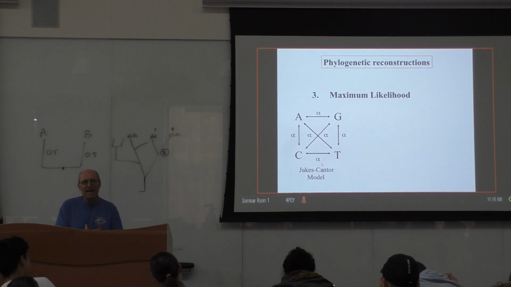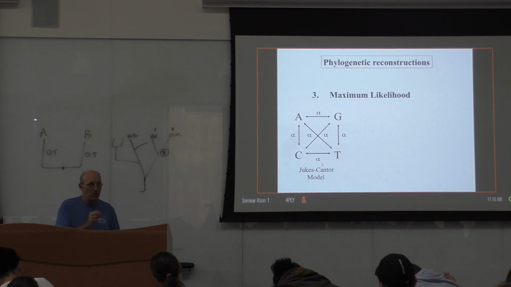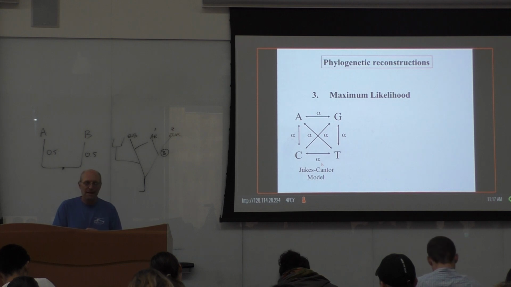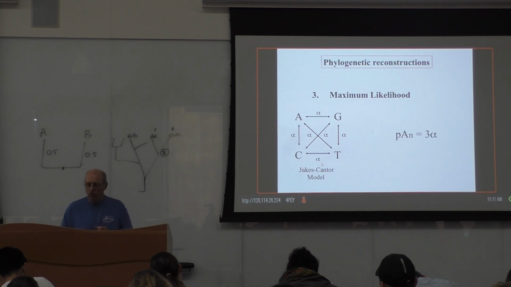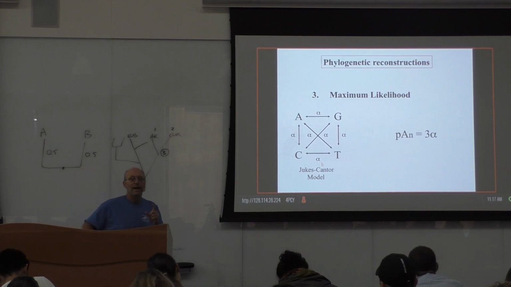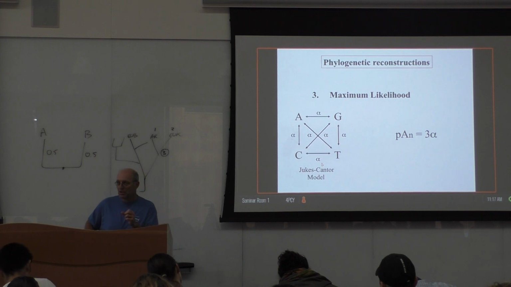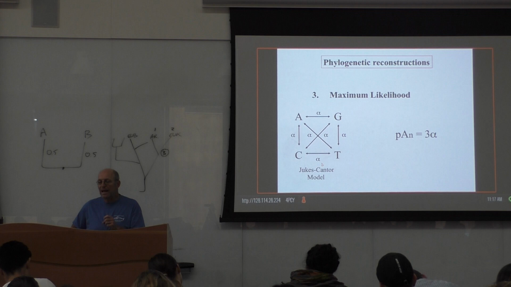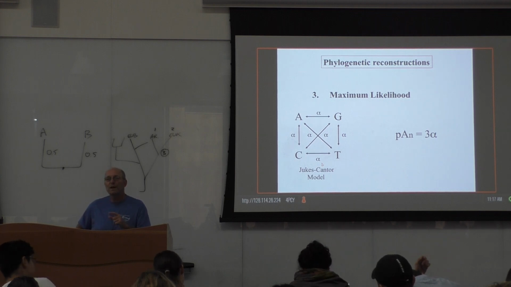One is what is called the Jukes-Cantor model, in which the chance of changing from one nucleotide to another is a probability that is called alpha. So you're going to model the chance for a nucleotide to turn into something else. In this case, you have the probability for A in a specific position to turn into a different nucleotide, and that probability is 3 alpha.